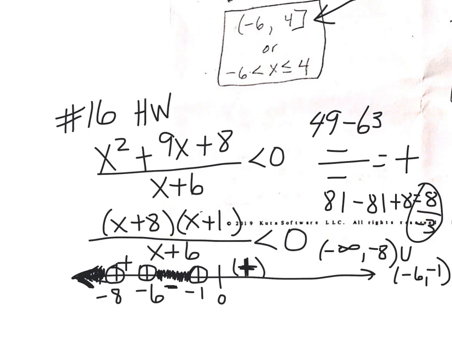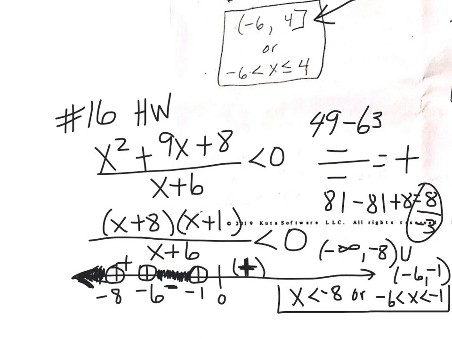The other way we could write this is we could say that x is less than -8, or we could also say that -6 is less than x is less than -1. So either way you want to write it is fine. I don't care, as long as you get the correct values in there.